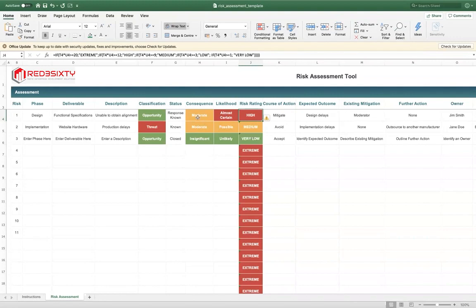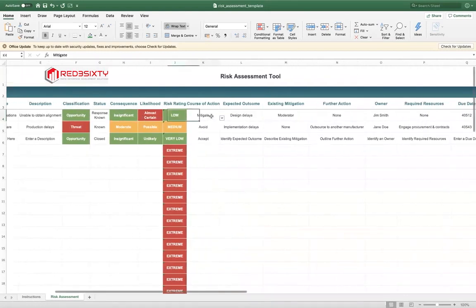So you can see the risk is high. If I start changing this to insignificant, it will change the impact of that overall risk assessment. Then what are we going to do with that specific rate? Are we going to accept it, or are we going to actually mitigate or avoid or transfer? So these are your risk response categories.